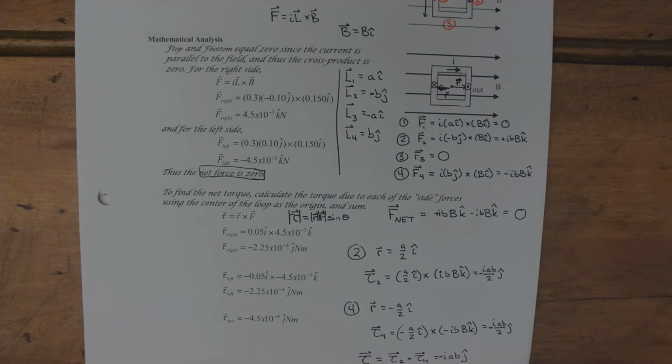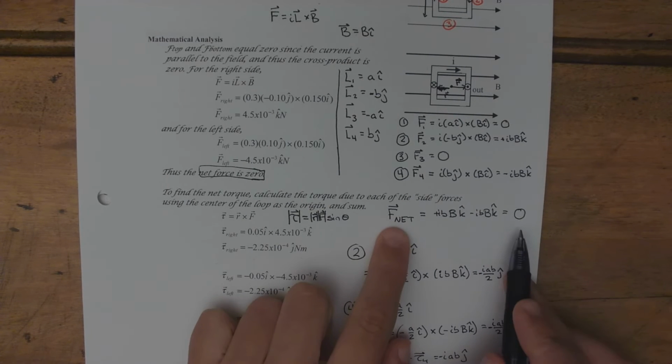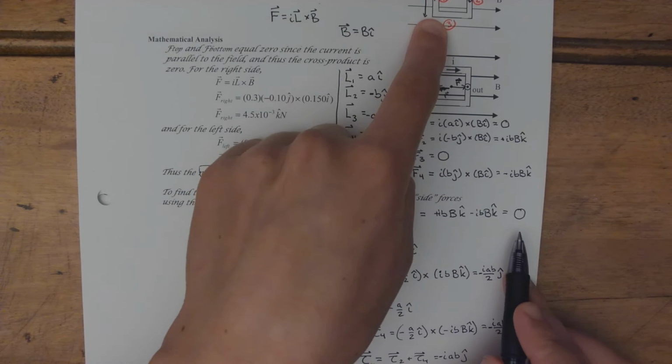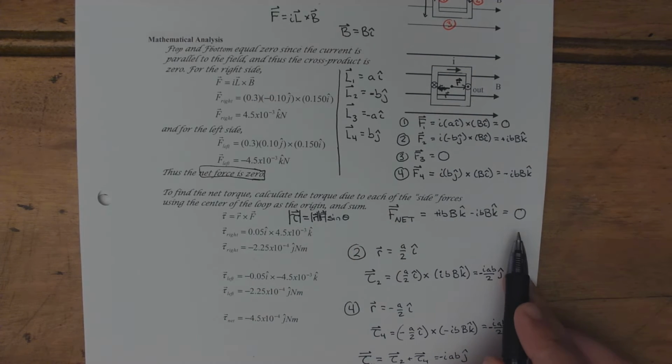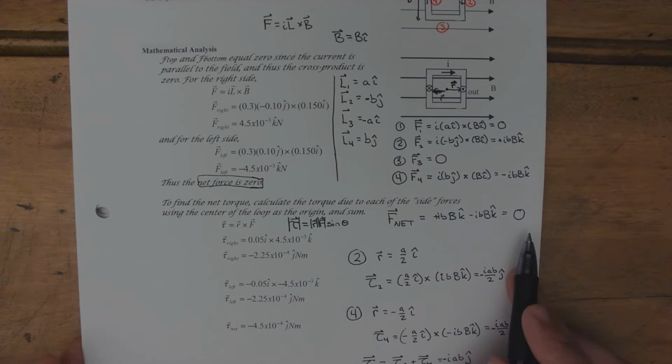Okay, so the two things that I wanted you to learn from this section, actually I think there were 3 things. So the net force on a closed loop is 0, and this is always true. The net force on a closed loop is 0, and we're going to see why in just a minute.